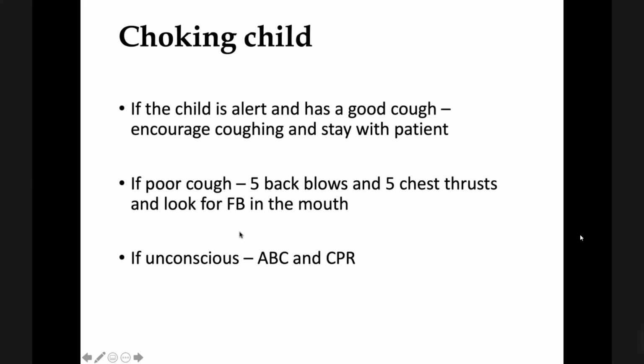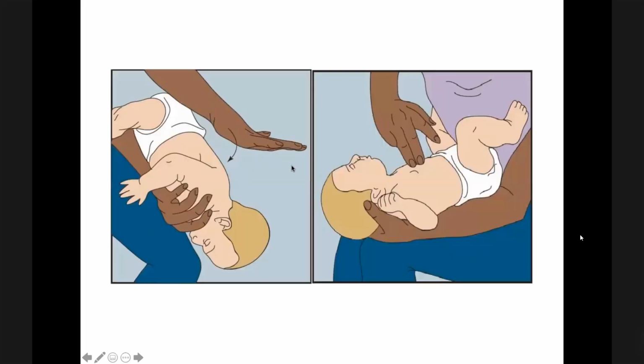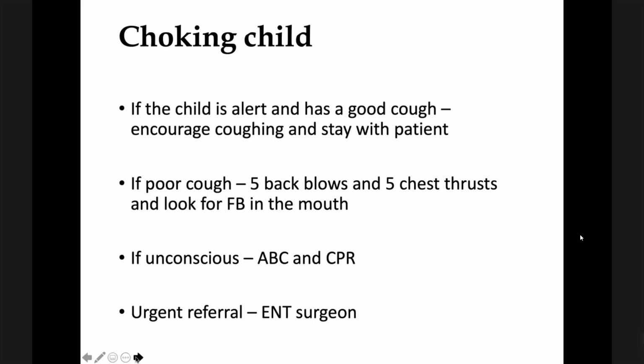So if the patient is unconscious, then of course you start the CPR method, that is chest compressions and ventilation. And of course, as I said, the ENT surgeon and anesthetist are two important key people who should be immediately called. So this is how you give the back blows and chest thrust, right?